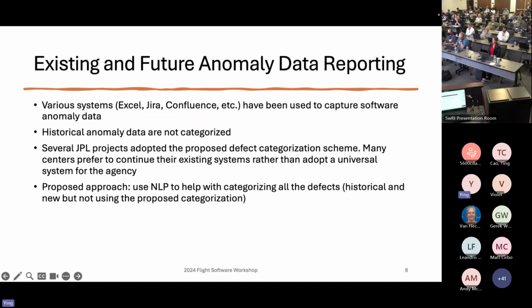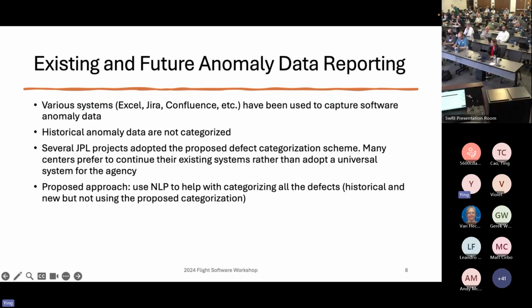So our objective is to categorize issues and defects. Let's recap what we have now. We have tons of historical issue data, but in different repositories and not characterized. All these records are in plain English language, with lots of acronyms and project-specific terminologies.